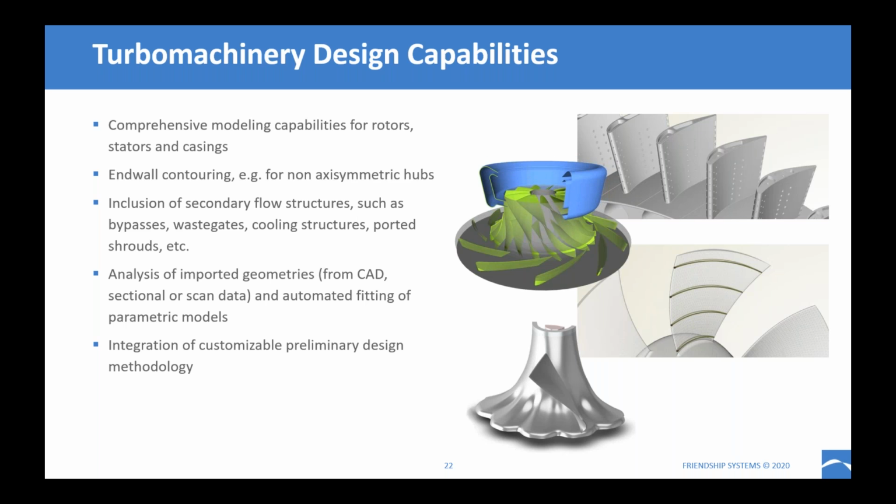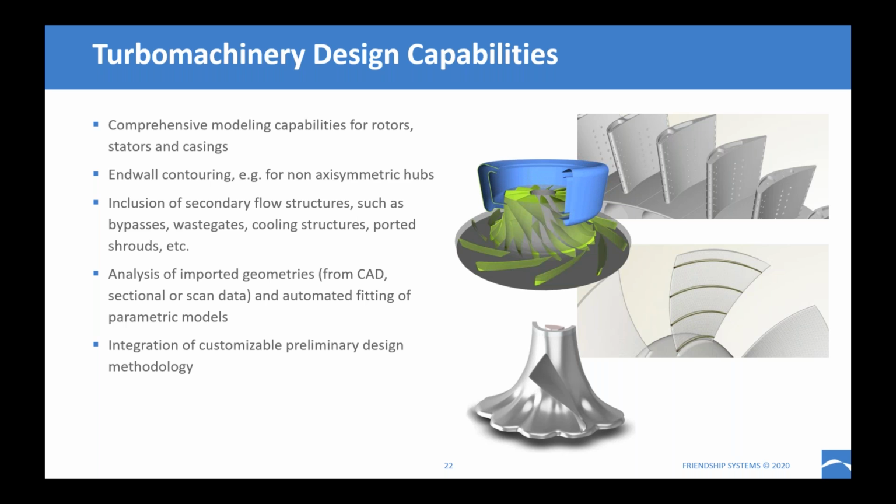You can also add additional components. Like end wall contouring: if you have a non-axisymmetric hub, either on your radial impeller or on your axial machine, you can include that in the geometry parametrization.